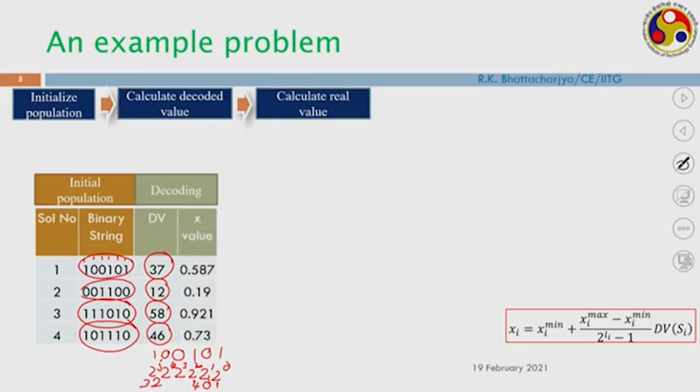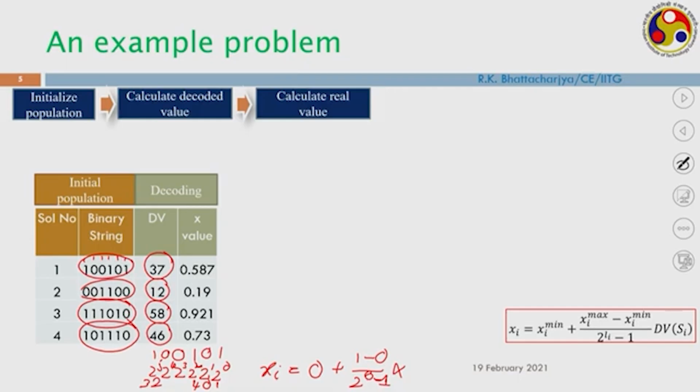Then you calculate the real value. For the real value I have used this mapping here. So, how am I getting 0.587? This is x i, which is equal to x minimum. So, x minimum is 0, plus x maximum, the maximum value of x, is 1, minus 0, divided by 2 to the power 6 minus 1, into the decoded value.